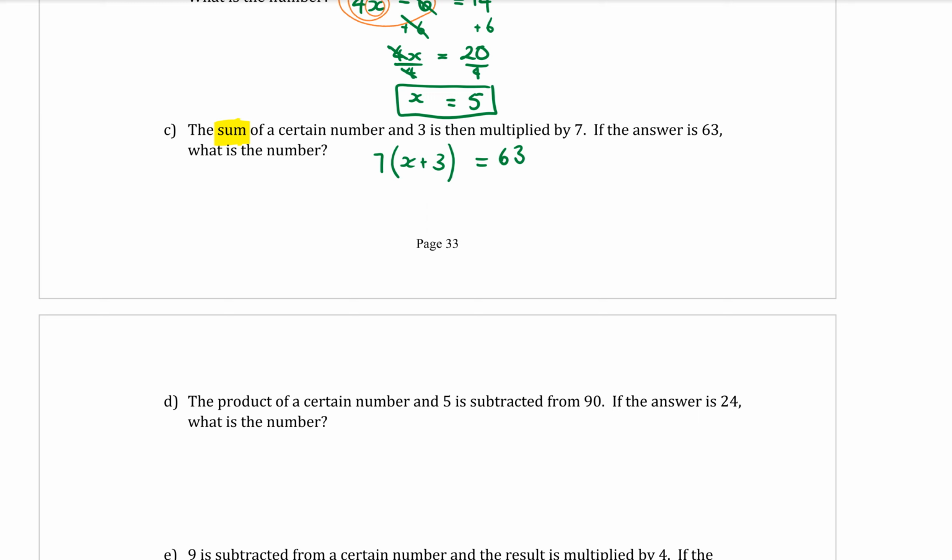So we go 7 times x is 7x plus 7 times 3 is 21 equals 63. Now we're ready for our layers. X is the center times the 7 plus the 21. Peeling the layers, the opposite of plus 21 is to minus 21.